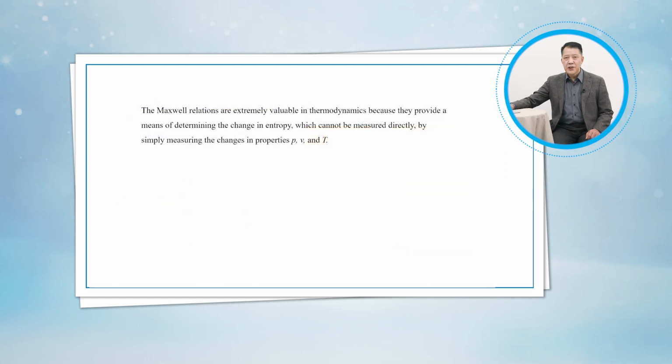The Maxwell relations are extremely valuable in thermodynamics because they provide a means of determining the change in entropy, which cannot be measured directly, by simply measuring the changes in properties P, V, and T. Note that the Maxwell relations given above are limited to simple compressible systems.